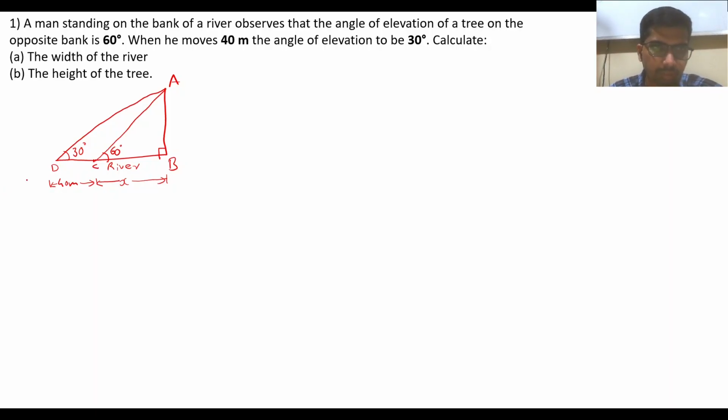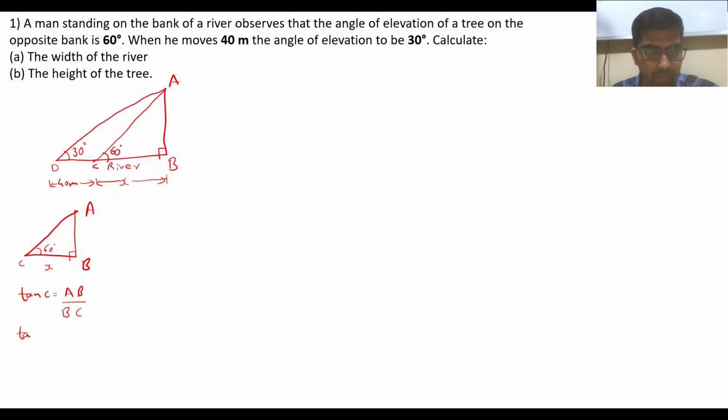So we'll go triangle-wise. Let's take two triangles. I'll take the first triangle, in triangle ABC. This is x, and this is given, 60 degrees. Always use the tan formula. So tan C is opposite upon adjacent, AB upon BC.